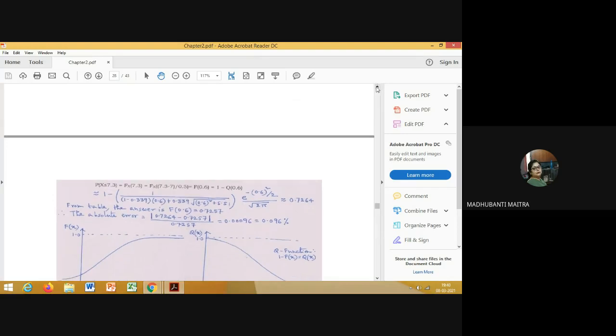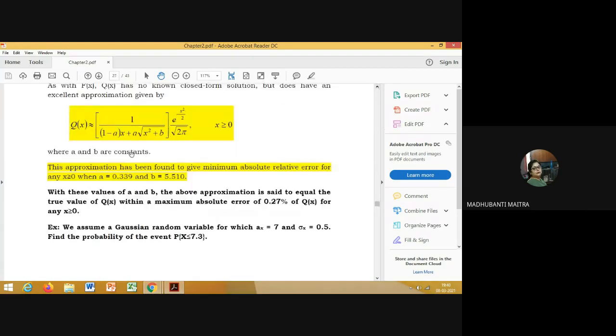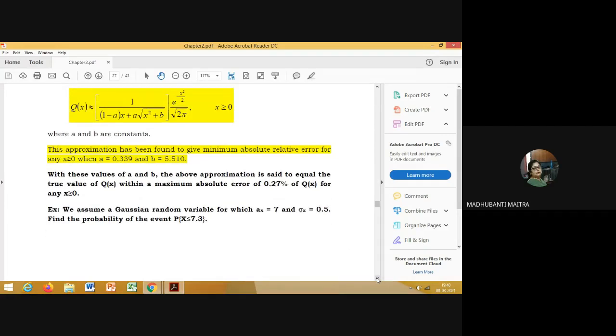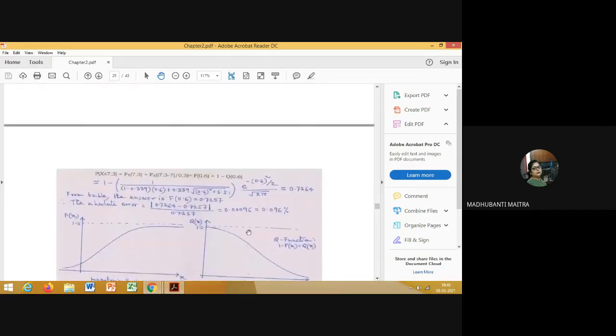That was the expression, right? And that will have to be multiplied by this term, e to the power minus 0.6 whole square by 2, divided by root over 2 pi.